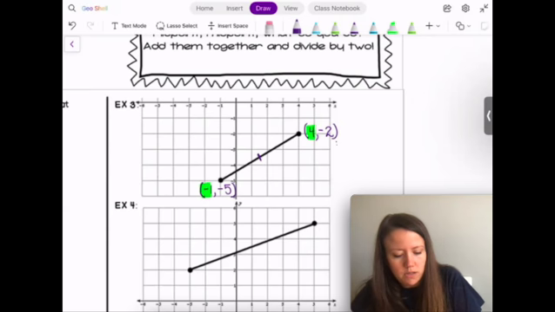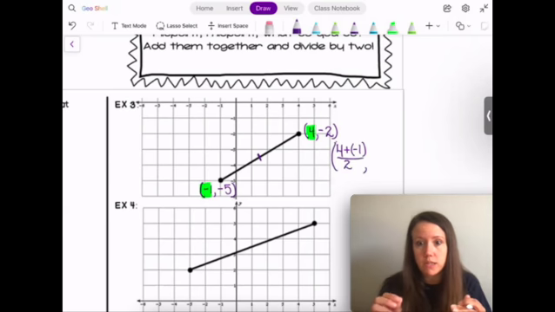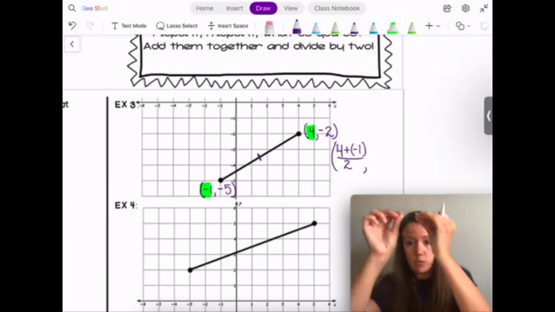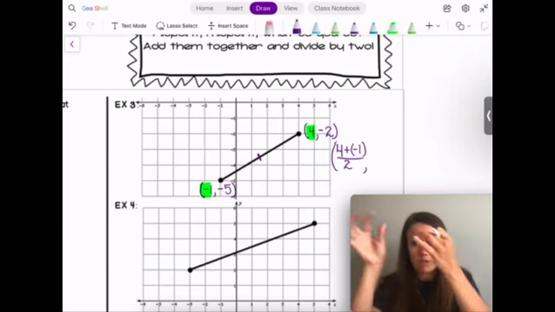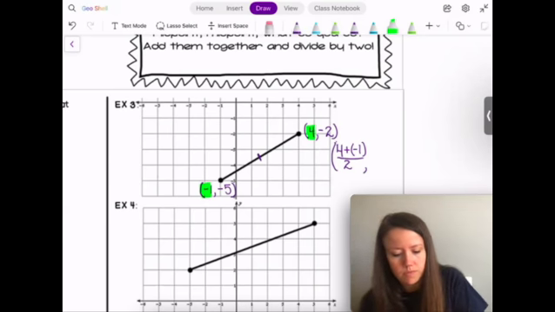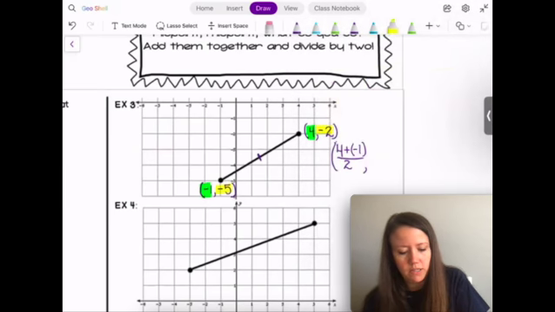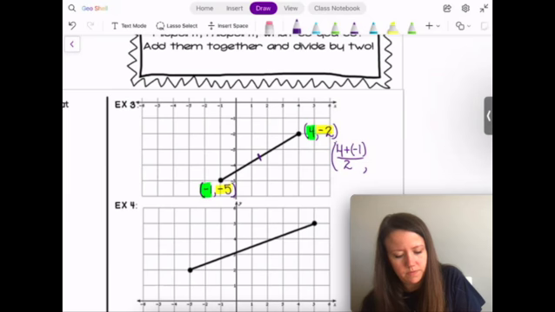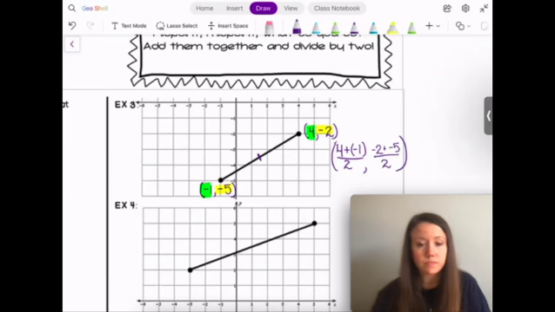So 4 plus -1. You could totally do it in the other order. It'll work the same. Just whichever coordinate you use first, make sure to use it first for the Y value too. So now -2 plus -5, and then divided by 2.